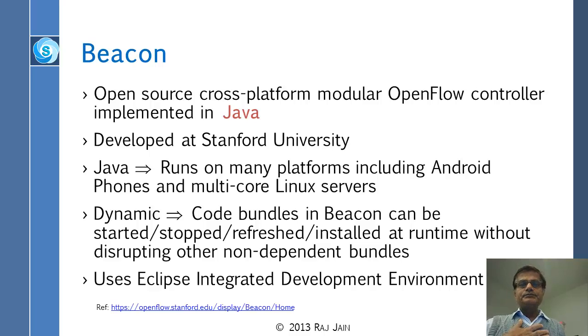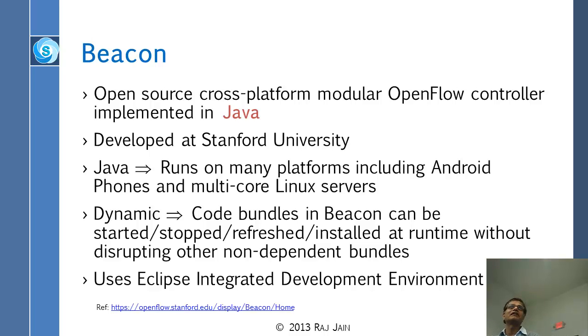Beacon. Beacon is in Java. By the way, all of these are open source, so you can download the code for any of these and play with them if you wanted to. This was developed at Stanford University. And because of Java, it runs on many platforms, including on your phones and multi-core Linux servers.